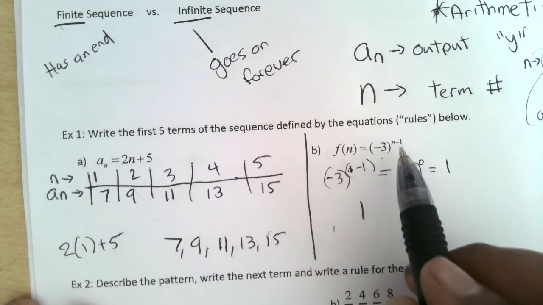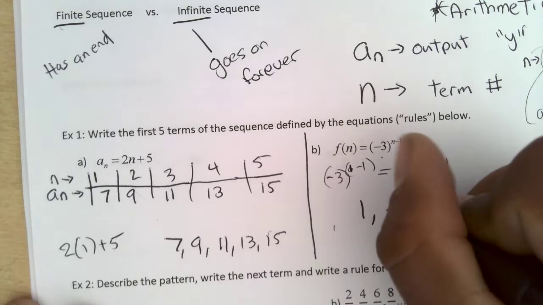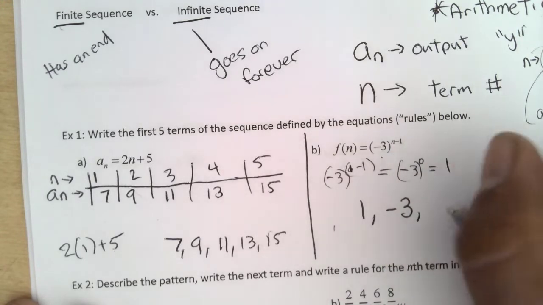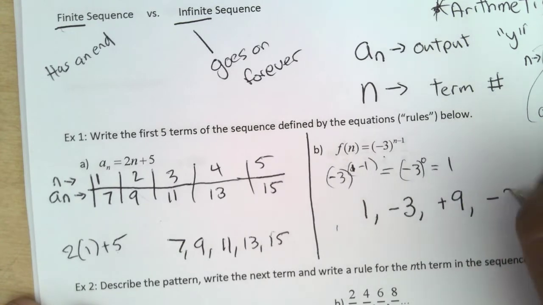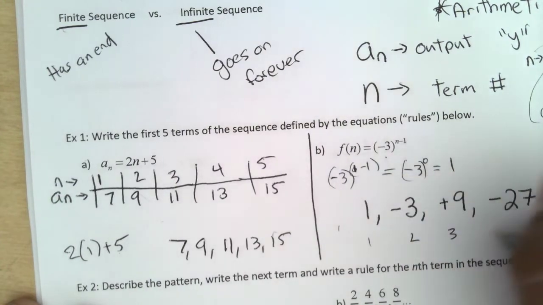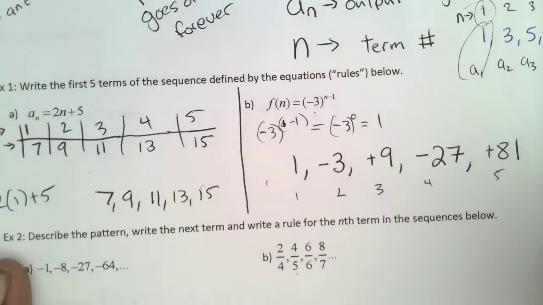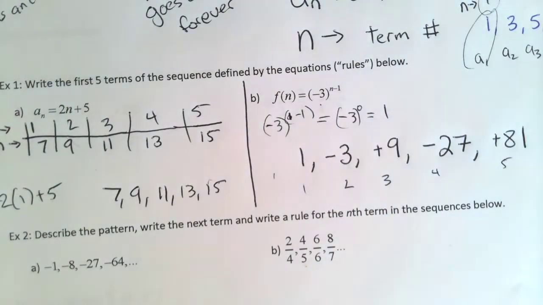If I was uncertain, I would just continue to plug in n, 2, 3, 4, but I'm seeing this pattern, so I'm going to multiply by negative 3 every time. So this is going to alternate positive to negative each time, and there's my first 5 terms. These would be my a sub 1 through 5.